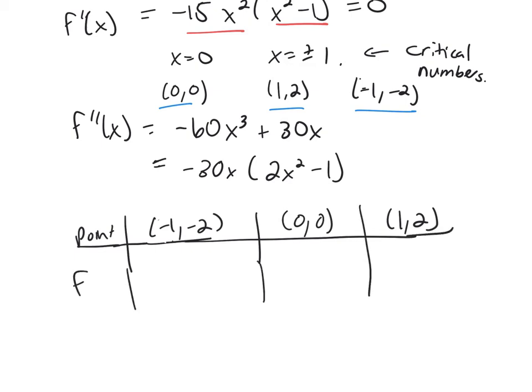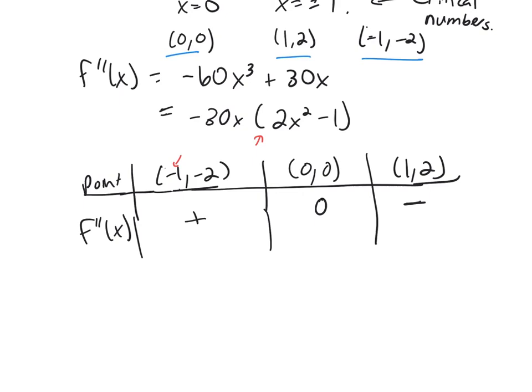And we're going to look for our second derivative. If I plug in x equals -1 into here, the sign will be positive. If I plug in 0 into my second derivative, I will get 0. If I plug in 1 into there, it would be negative.